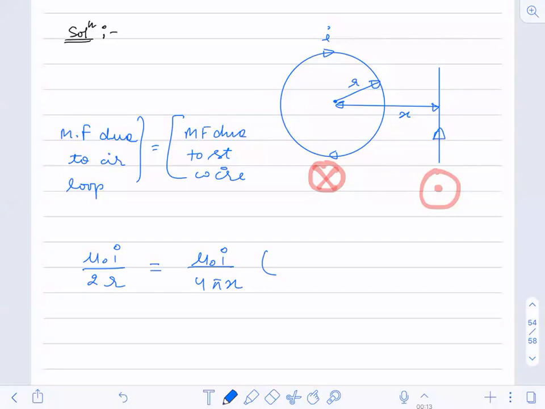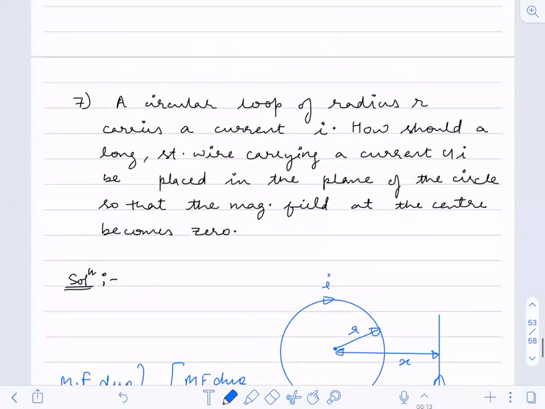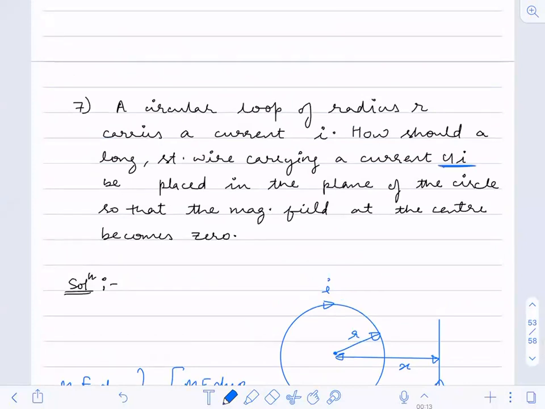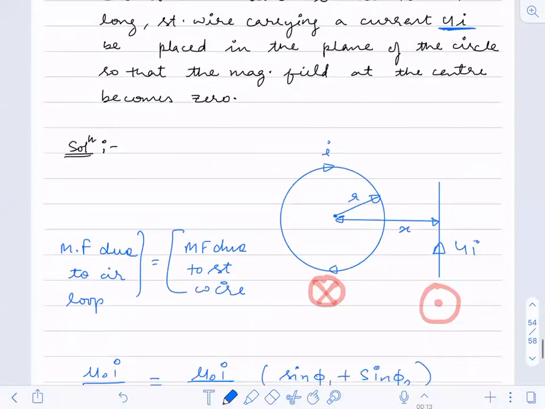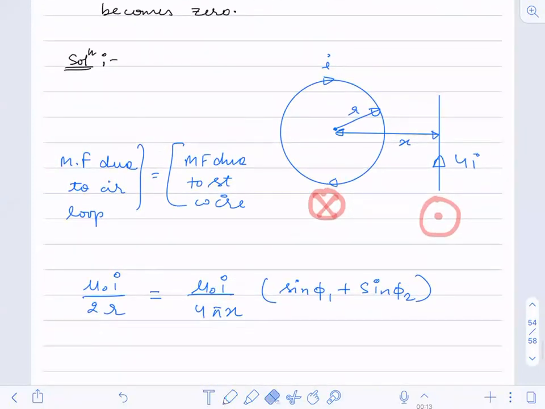Within bracket, what should you write? You should write sine of phi 1 plus sine of phi 2. One more thing. Just see here, what is the current in the straight wire? The current in the straight wire is 4I. So I'll substitute 4 over here.